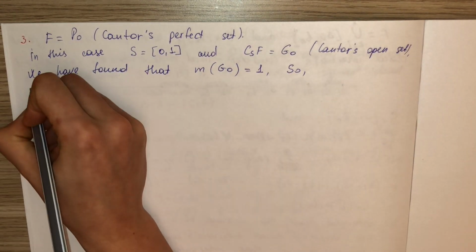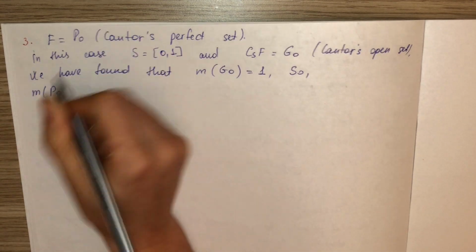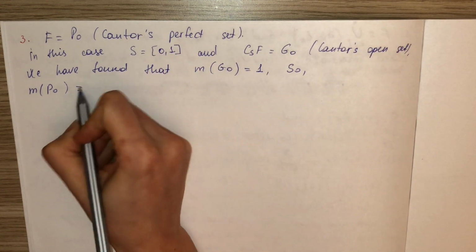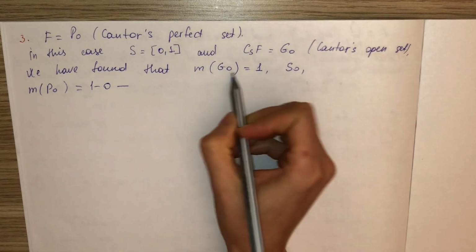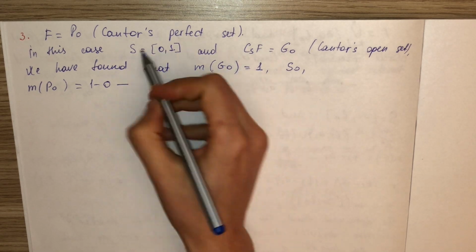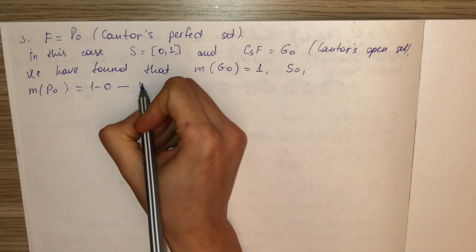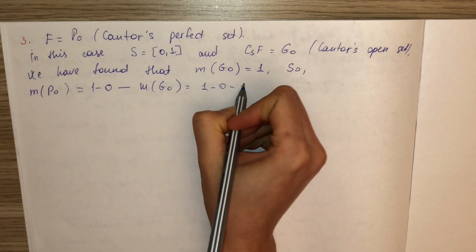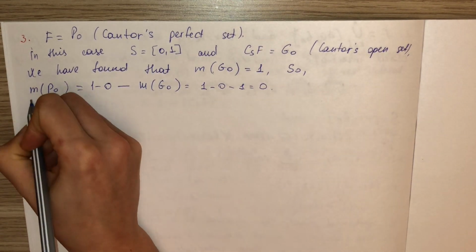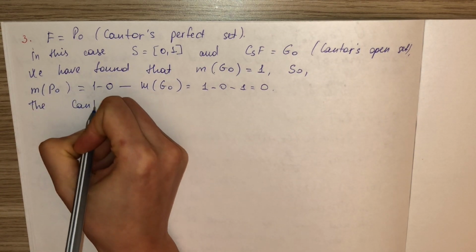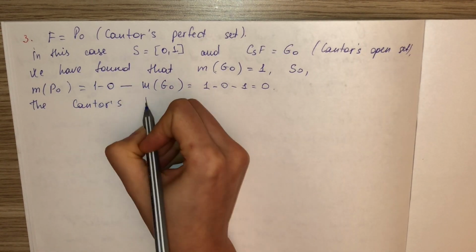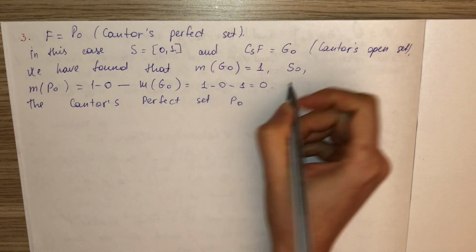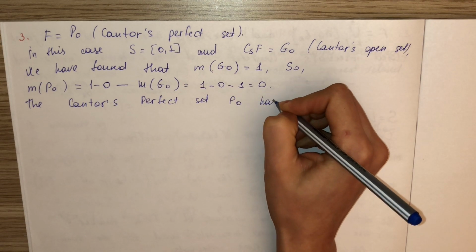So the measure of P0, Cantor's perfect set, is equal to 1 minus 0 minus the measure of G0. Yes, the measure of G0 is 1, and so it's equal to 0. So Cantor's perfect set P0 has measure 0.